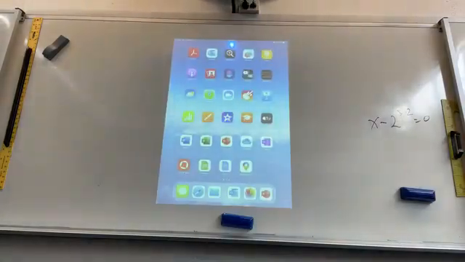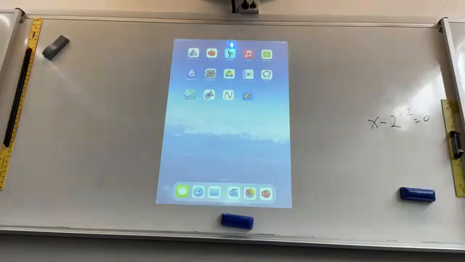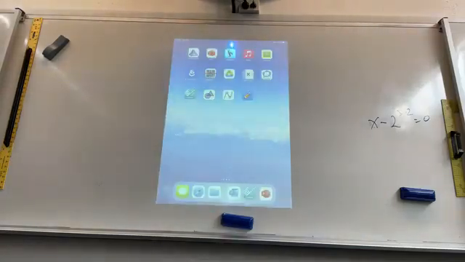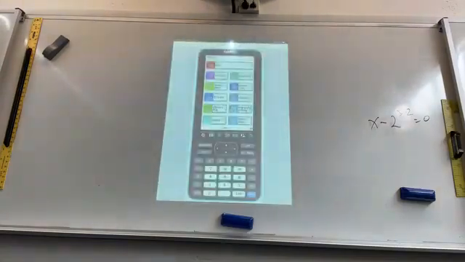Go to ClassPad. Where's my ClassPad? It's just a program. If you go to ClassPad, you should be able to go to the first one. We are going to use x equals x minus 2 equals 3.2.